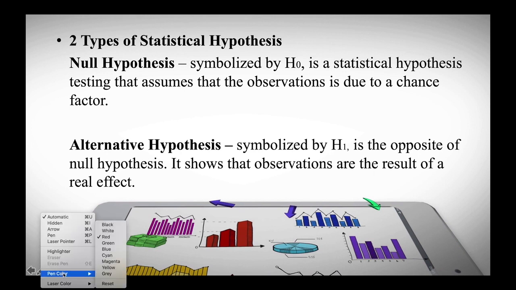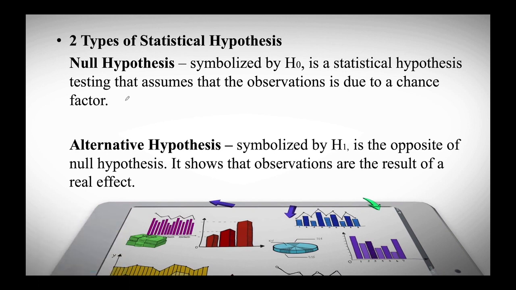Again, kapag null hypothesis, lagi siyang may equal. Meaning to say, it's either equals, or greater than or equals, or less than or equals. Those are the symbols that we are using in null hypothesis.